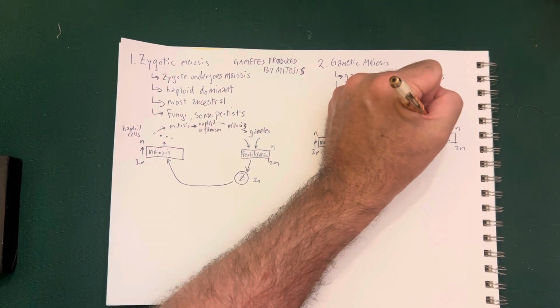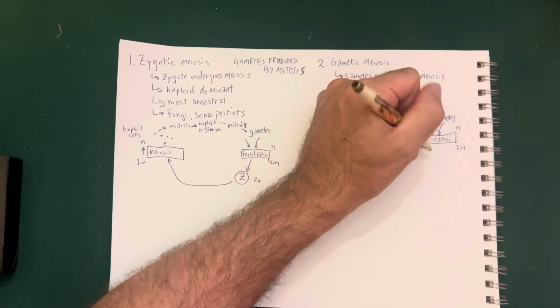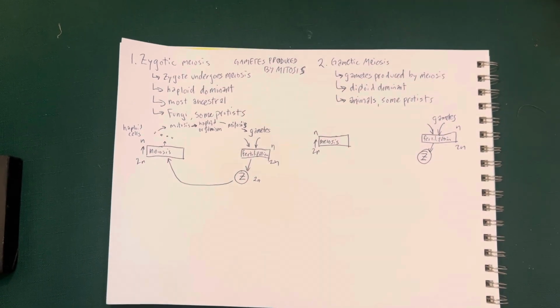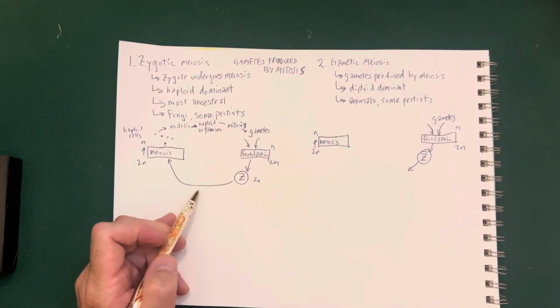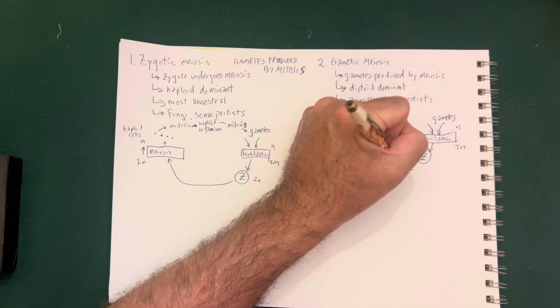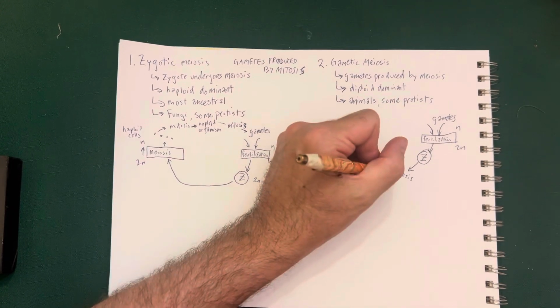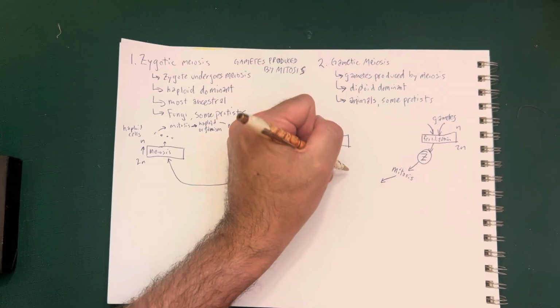I'm going to fuse some gametes to produce a zygote. And then now, unlike over here, this zygote is going to undergo mitosis and produce a diploid organism.